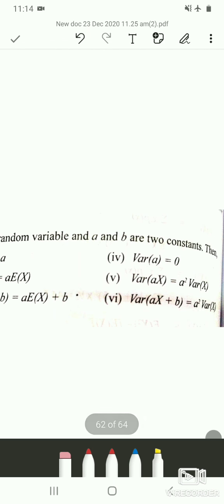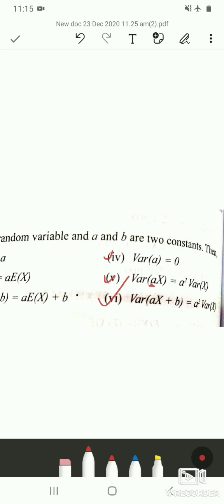The fourth result is variance of a is 0, that is, variance of any constant is always 0. The fifth result is variance of aX is a square into variance of X. So the constant gets squared.